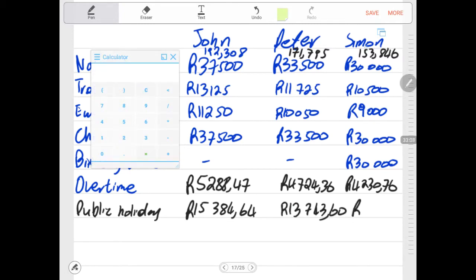And the last one, the rate per hour is 153.846 times 4 times 20 hours, we get 12,307 rand 68 cents.